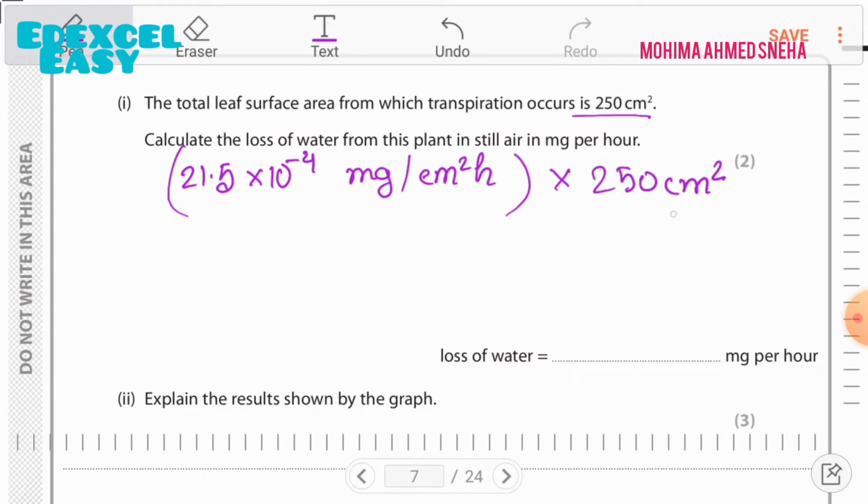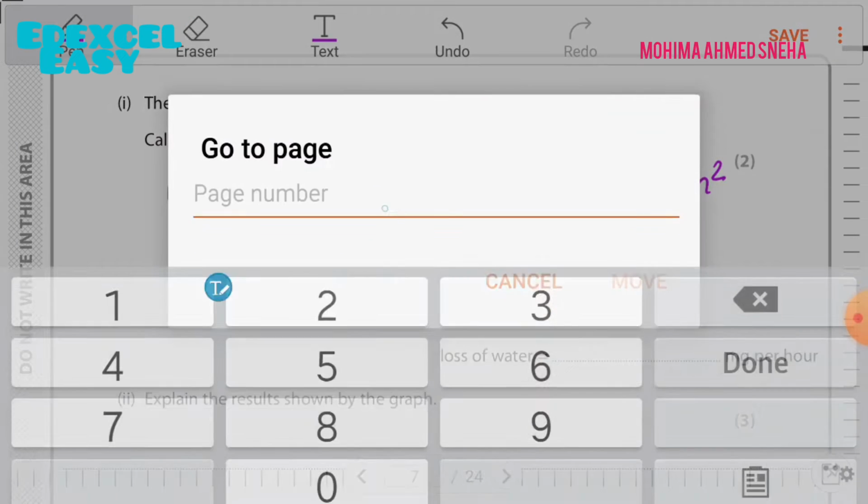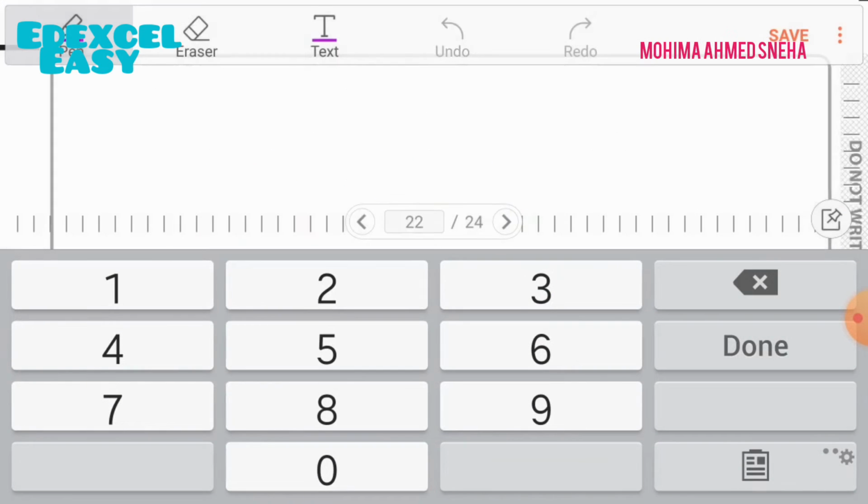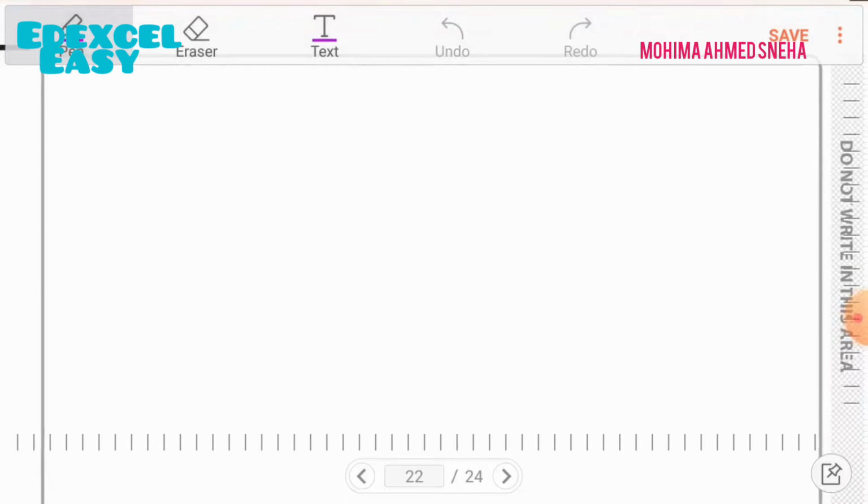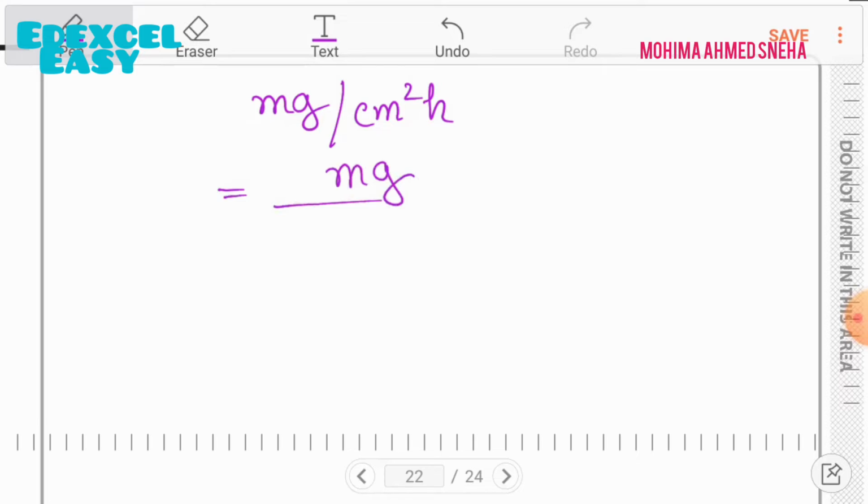Now why I am multiplying the 250 cm square, I'm going to show a rough work for this. Let me move to page number 22 for this part. Now the water loss per hour per centimeter square was given by the unit of mg per cm square h.